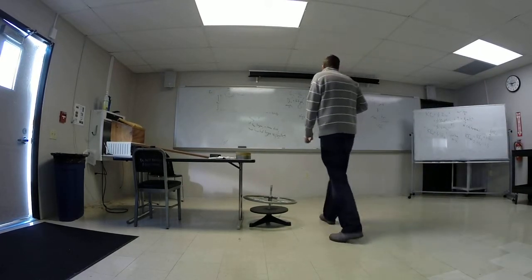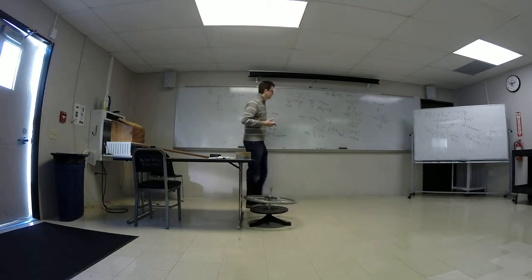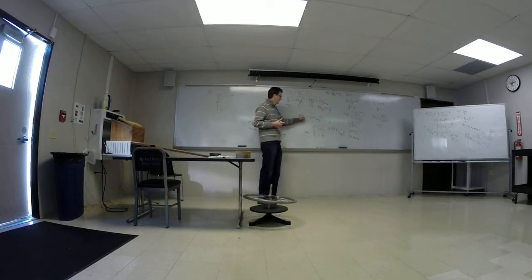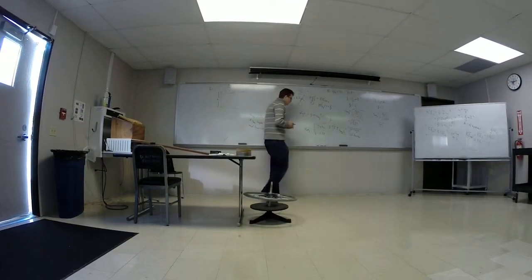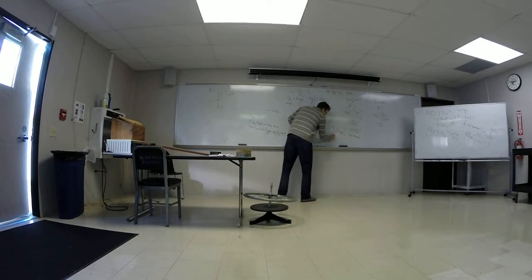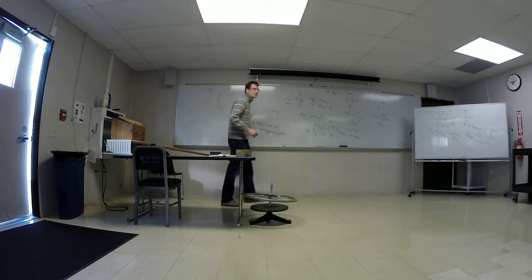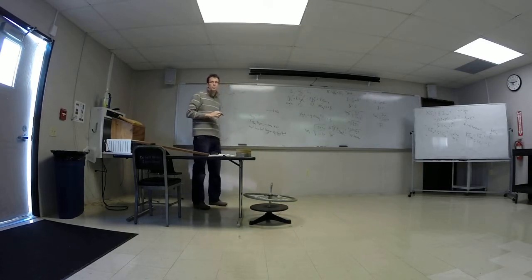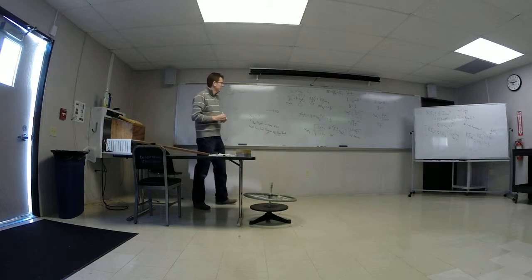Okay. The other thing that I should mention is that the actual mass of the object long ago canceled. It canceled right here. So it doesn't actually matter if they're the same mass. I said that they did, but it doesn't actually matter. Why is that?